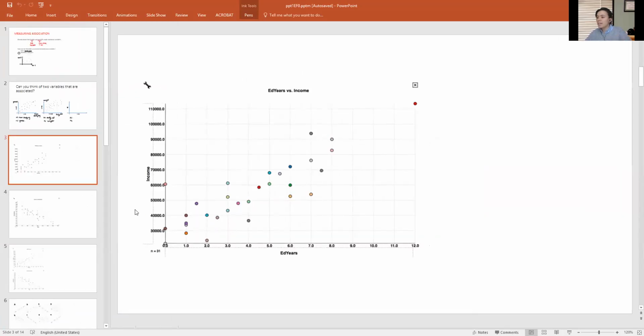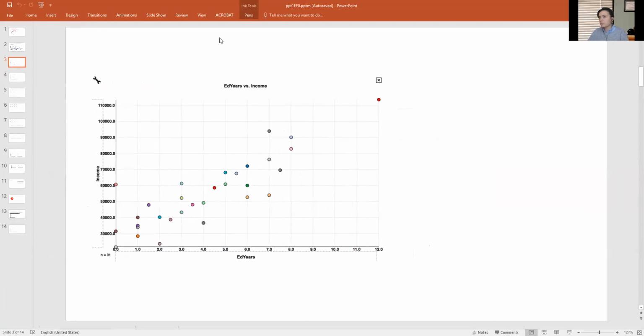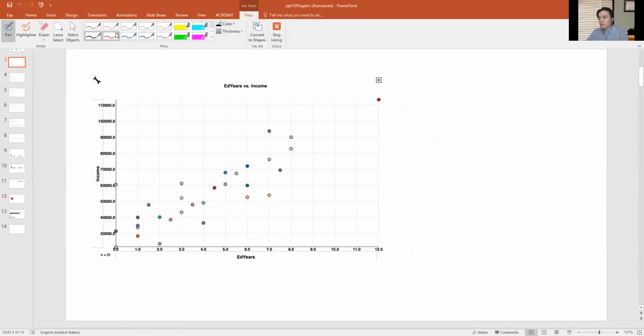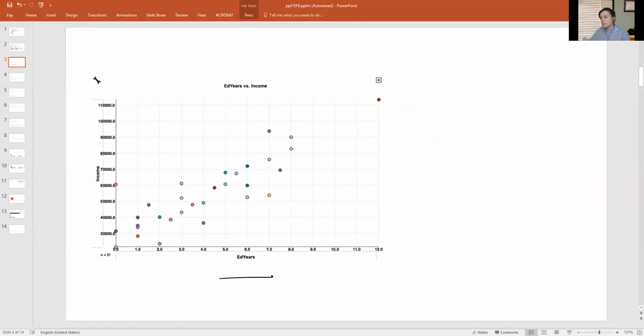So this is what we have. And so if we increase the number of years over here, then we're also going to have that the income is going to increase. So what we're saying here is essentially that there is a positive association because an increase in the X value corresponds to an increase in the Y value, okay?